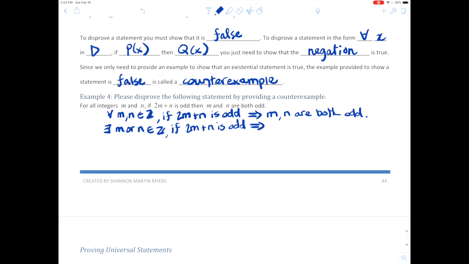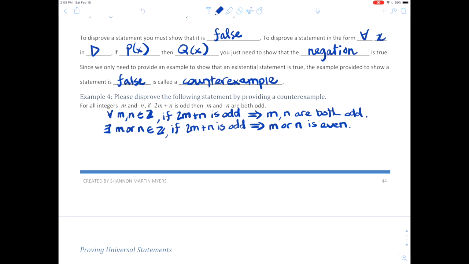So there exists some m or n where they have this odd sum, but you would say m or n is even, or not odd. Okay, so let's find one.